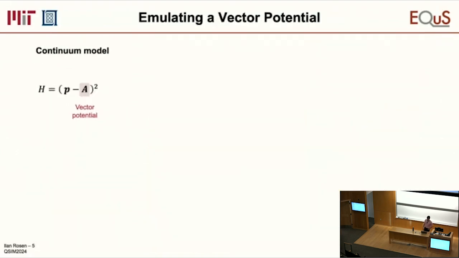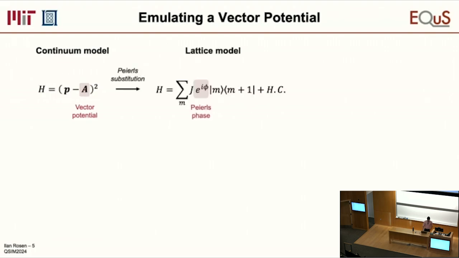So let's jump back to basic physics. We want to emulate something that looks like a magnetic vector potential, right? Like this A. Now, if we map this continuum model onto a lattice, this is done by something called a Peierls substitution. These vector potentials A map onto a complex phase on the nearest neighbor hopping terms. And if we can realize something like this, then we can use these phases just like we'd use a vector potential.